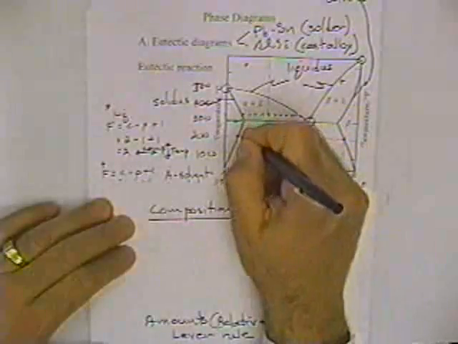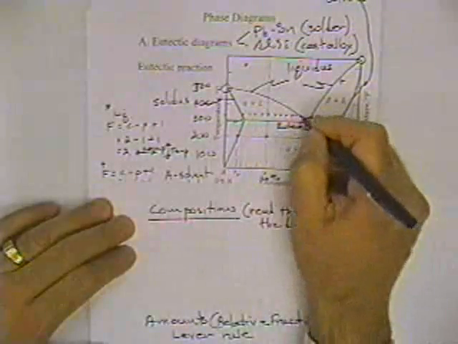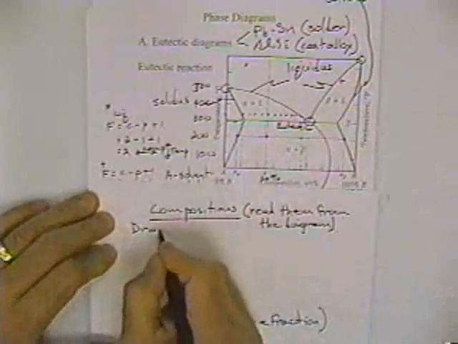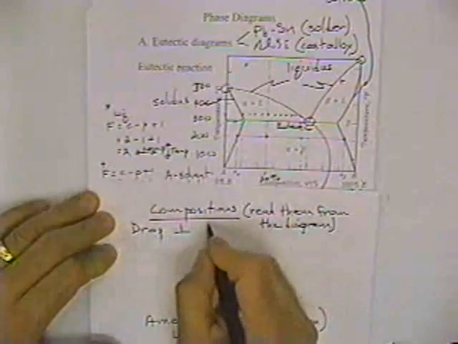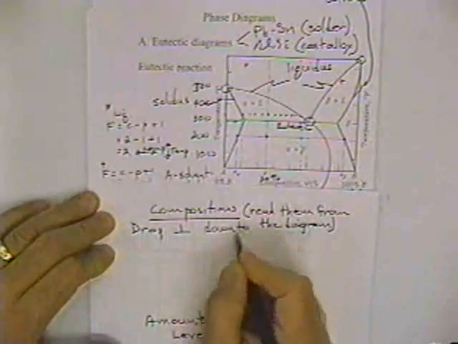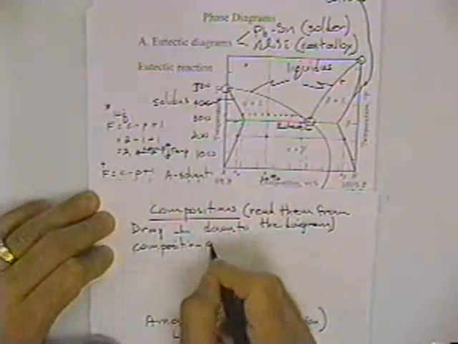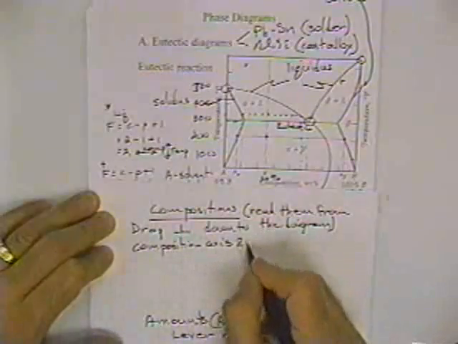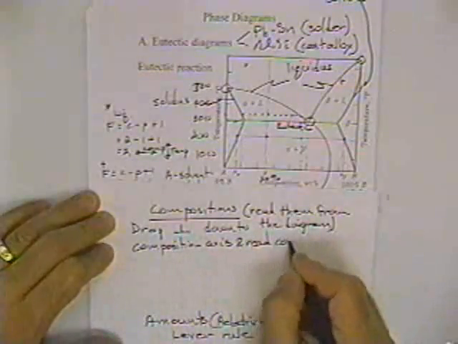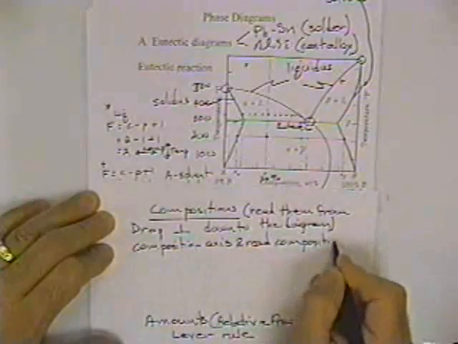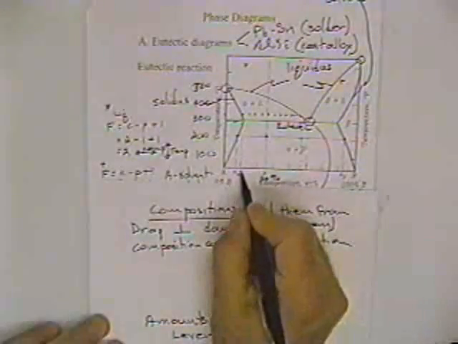So now we have composition. We simply drop a perpendicular down to the composition axis, and read the composition. In this case, if that's 30%, this looks like it might be maybe 10%.